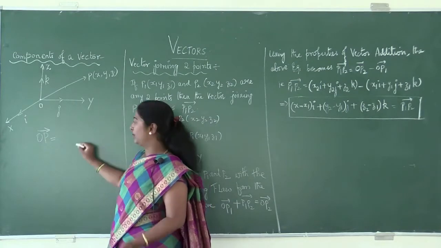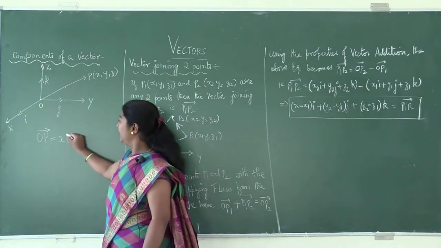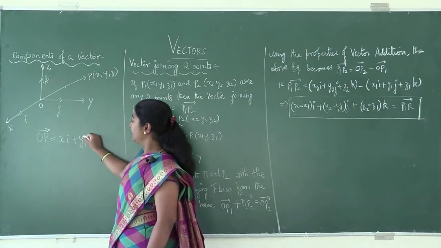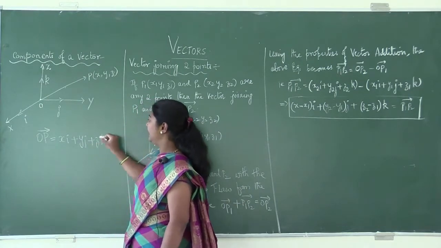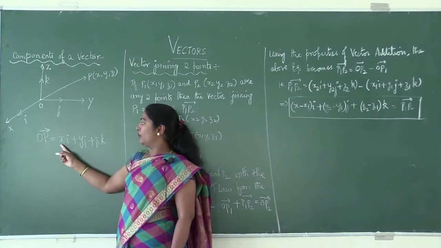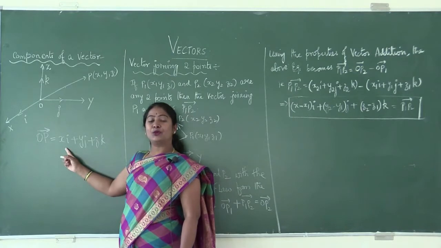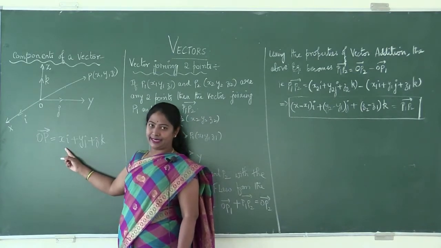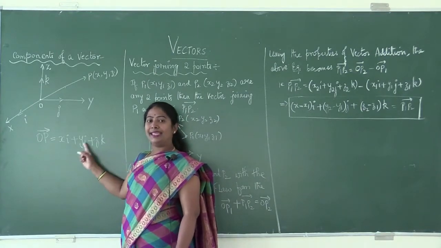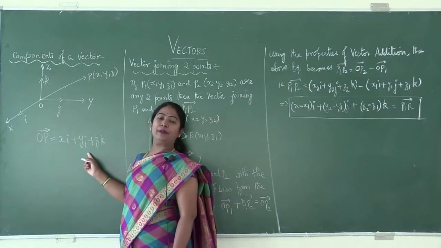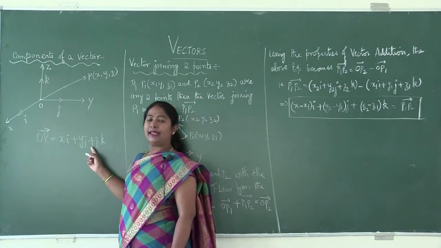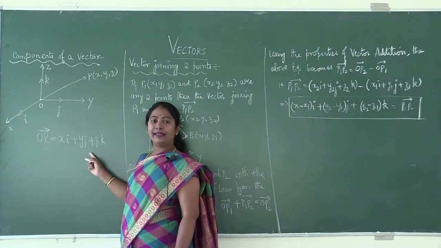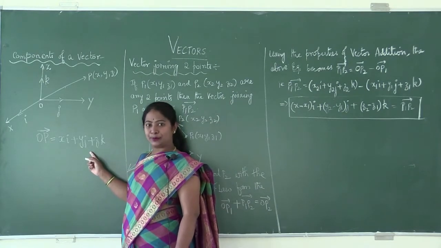In vector form it will be xi plus yj plus zk. X is the scalar coordinate of the point P and I is the unit vector acting along the x-axis. Similarly, y and z are the coordinates of the point P, whereas j and k are the unit vectors acting along the y and z axes respectively.